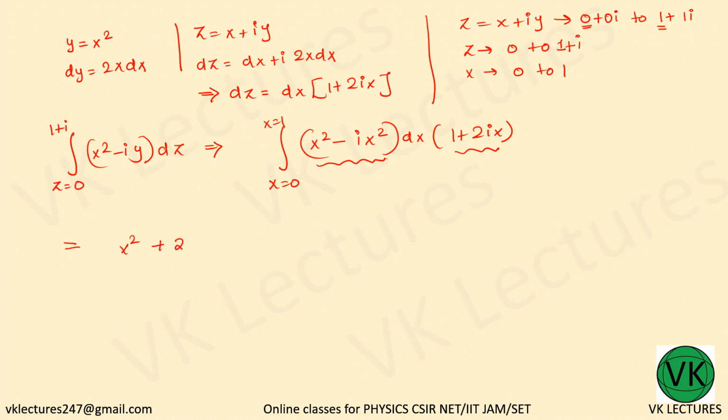Then minus ix square, then minus i into i is plus 1, x square into 2x, so plus 2x cube.